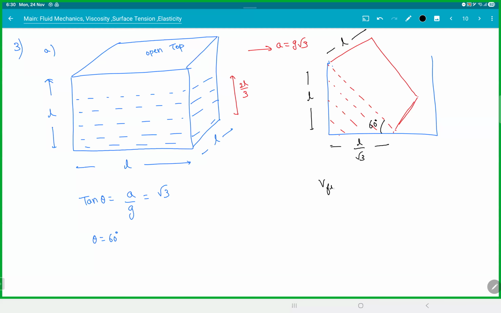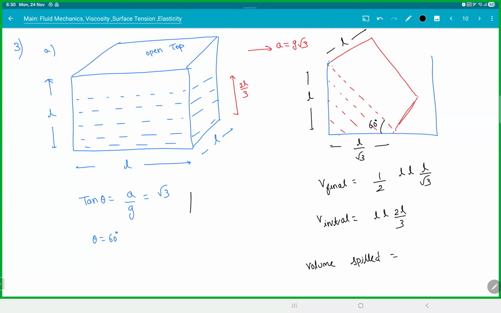So that's like a trapezium there. So the final volume will be half into base into height into that L by root 3. V initial will be L into 2L by 3. The volume spilled will be the change in volume. That is one thing you have to be careful. Most people don't understand how to put that 60 degrees exactly.